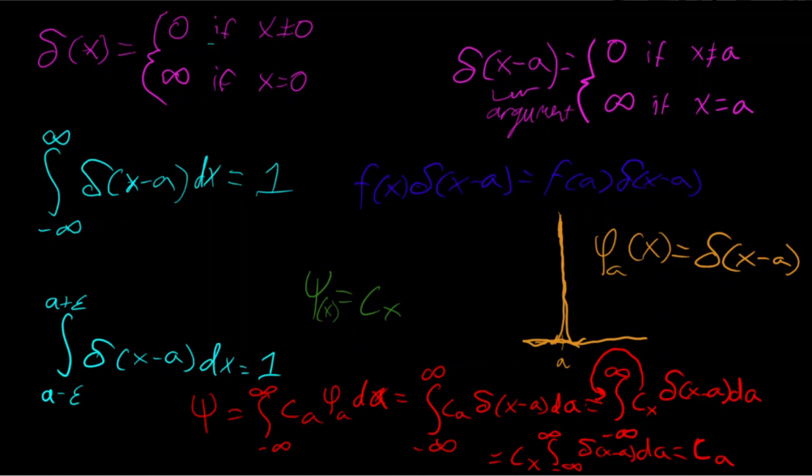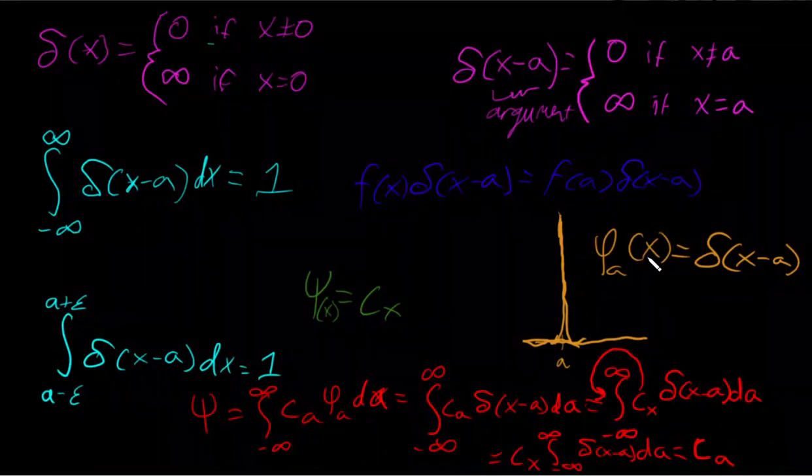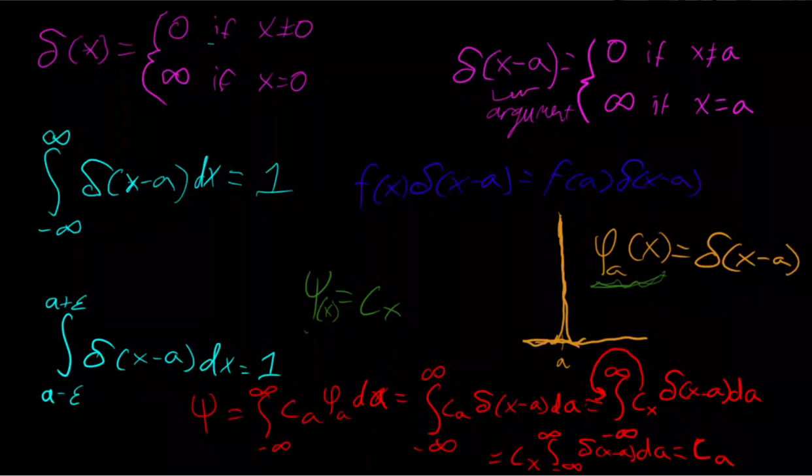We also notice that the function with a definite value of x is a function of x. This function, this is a wave function, is a function of x. Our wave function, our state function, psi, is a function of x. And there's a few other things that you may not see with this.